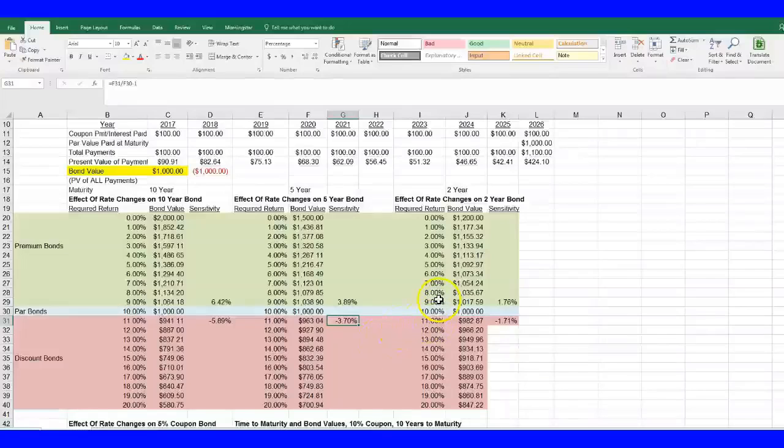And let's take a look at one more bond. This bond has a 2-year maturity, and just like the 5-year bond and the 10-year bond, if the required yield to maturity is exactly equal to the coupon interest rate of the bond, 10%, the value of that bond is $1,000, the same as its par value, so we say this is a par value bond.